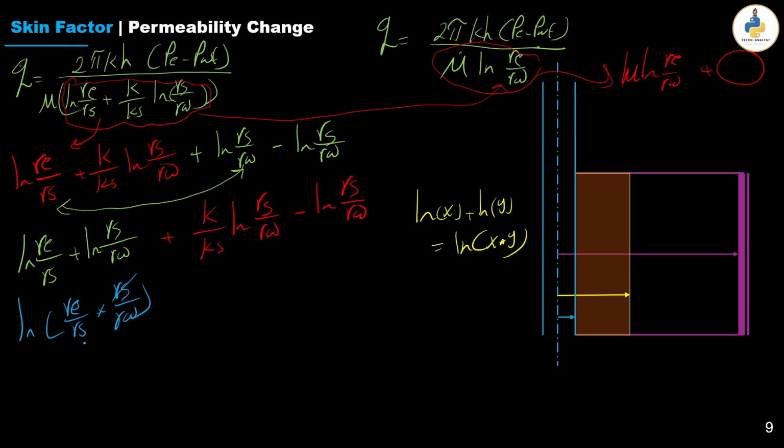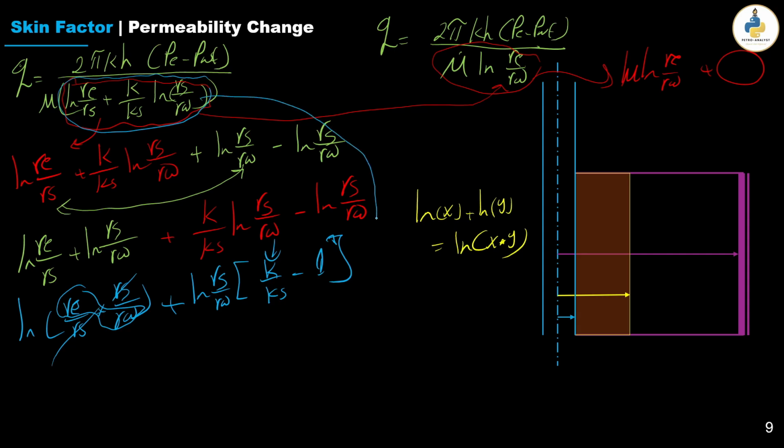And now the RS will disappear and we have ln RE over RW. And for this section, we will take the common term ln RS over RW, K over Ks minus 1. And now we have simplified this term to be in this form.